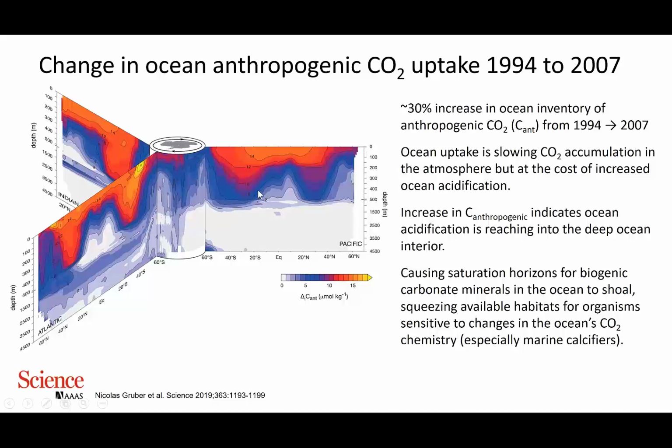And their plot, which is an update from the previous figure on the other page, noting that this is 0 to 500 metres and then the scale increases. So this is then 500 to 4,500 metres. So it's not exactly a linear scale, but it shows that ocean acidification and the uptake of anthropogenic CO2 is now reaching deep into the ocean interior.